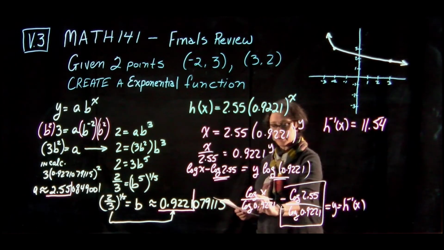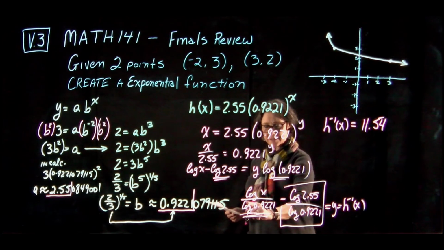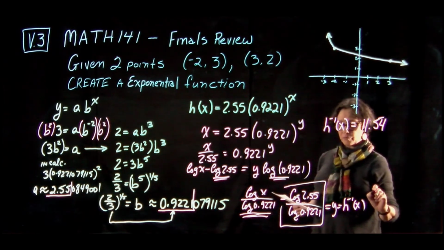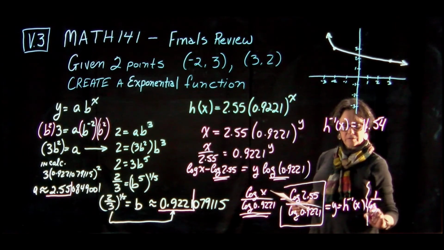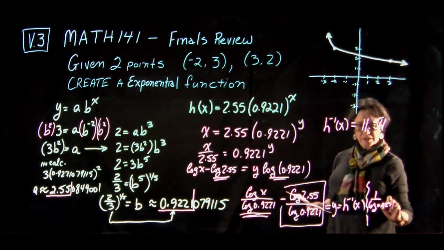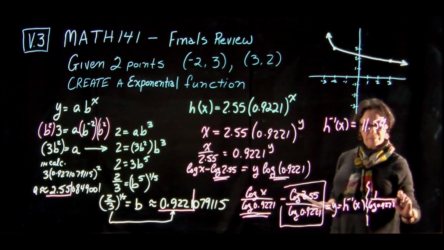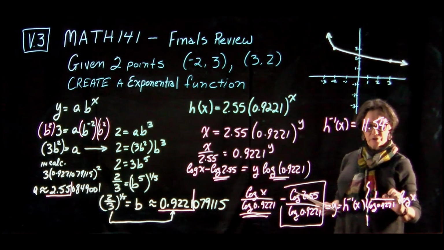And when I put this denominator, that's the same as 1 over log of 0.9221 multiplied by the log of x. All I did was take the log of x out of the numerator.